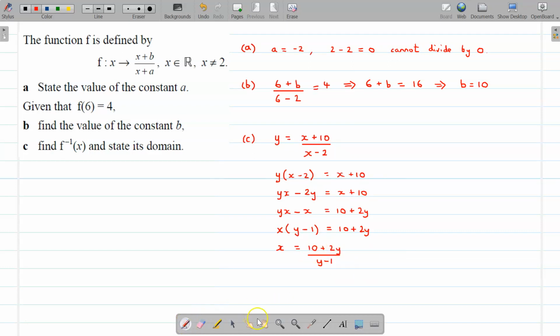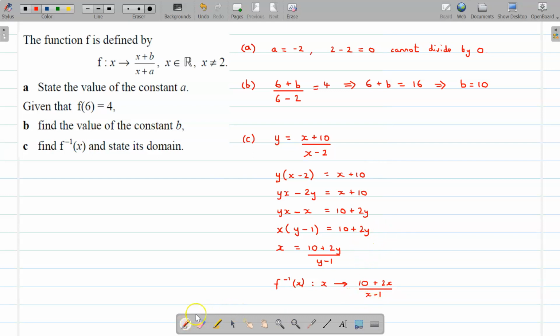So the way I would present the answer is that f to the minus 1 of x, that's the inverse function, is such that x maps onto 10 plus 2x, basically replacing the y with an x, and on the bottom there, x minus 1. And that is the inverse function defined.